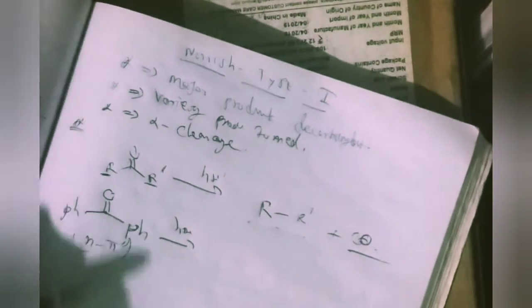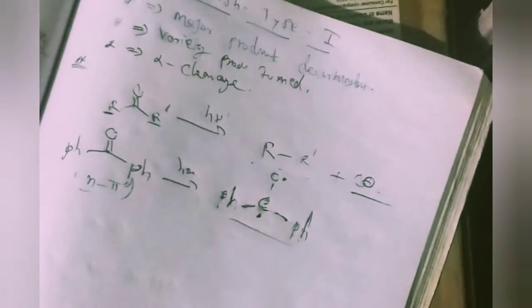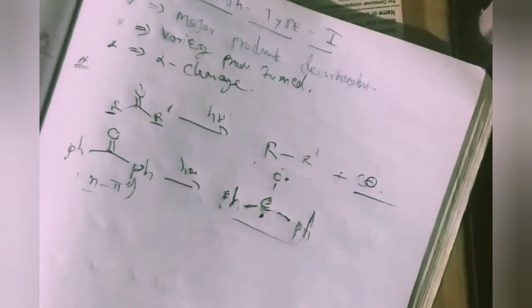After this n to pi star transition, we get a phenyl group on the carbon, a radical on the oxygen, and the other phenyl group. This type of intermediate is formed.